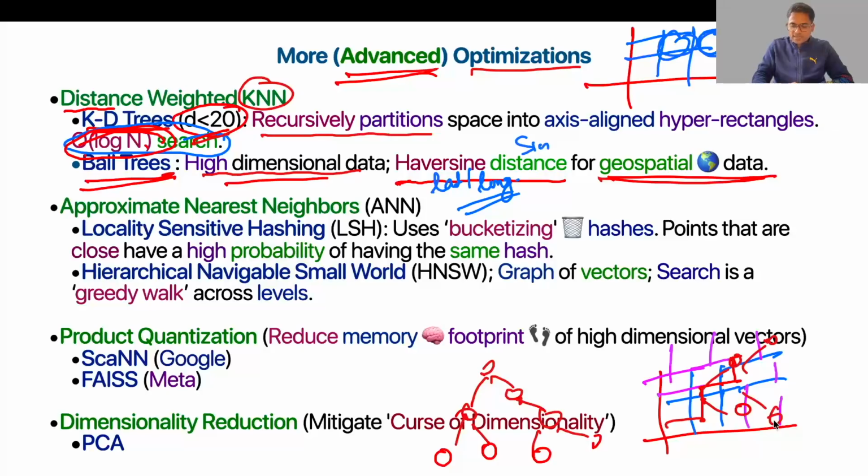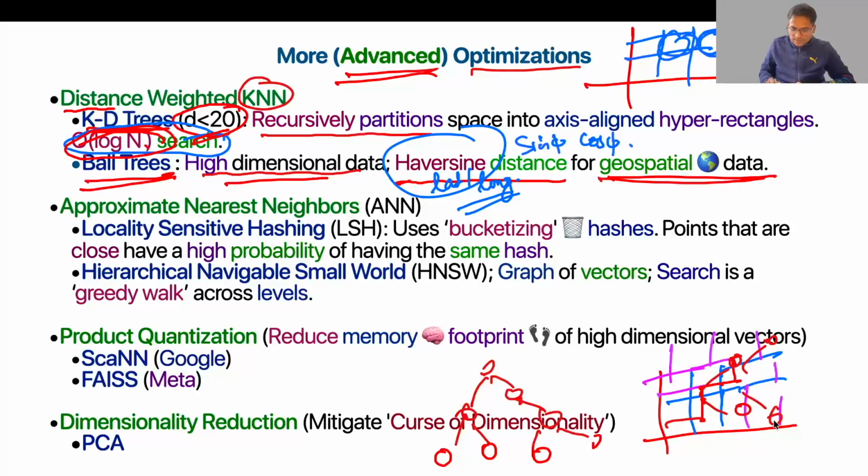The sine and cos formula is there, sine phi cos phi formula. I don't remember the formula exactly, but you can look it up. It will also account for the curve, because sine and cos is involved. It will also include the curvature of Earth's surface, and it will give you a correct measure. That's why this ball tree is there.